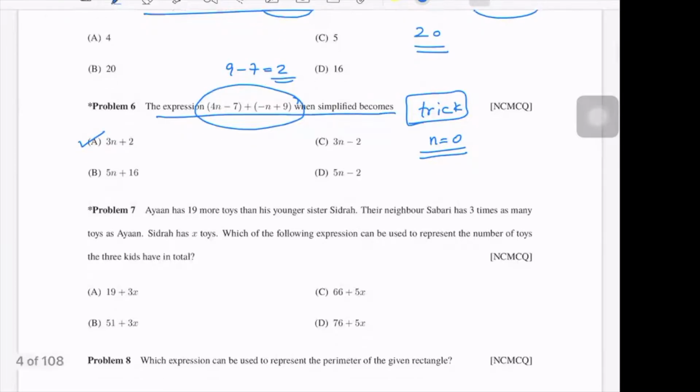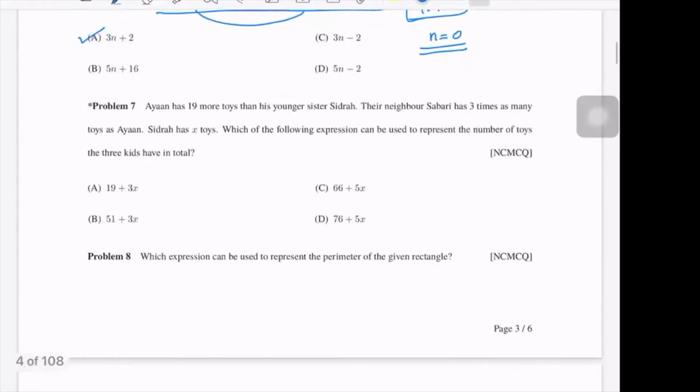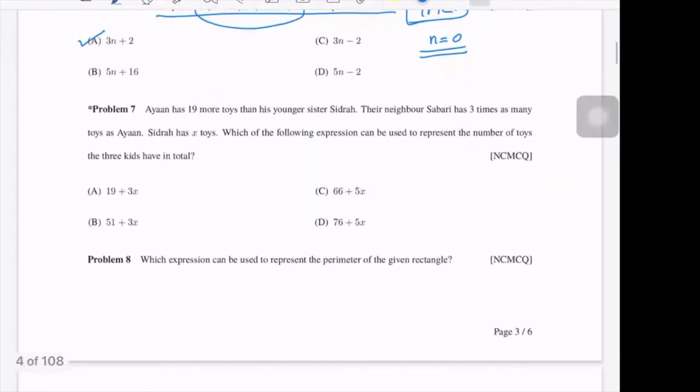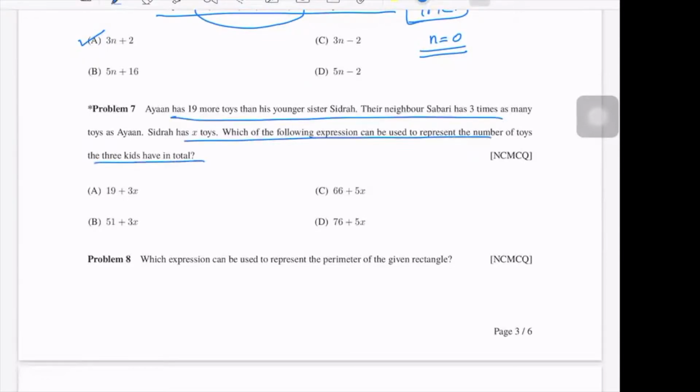In the next question, I hope you have done this word problem. The normal method is, Ayan has 19 more toys than his younger sister Sidra. The neighbor Sabri has 3 times as many toys as Ayan. Sidra has X toys. Which of the following expressions can be used to represent the number of toys the 3 kids have in total?